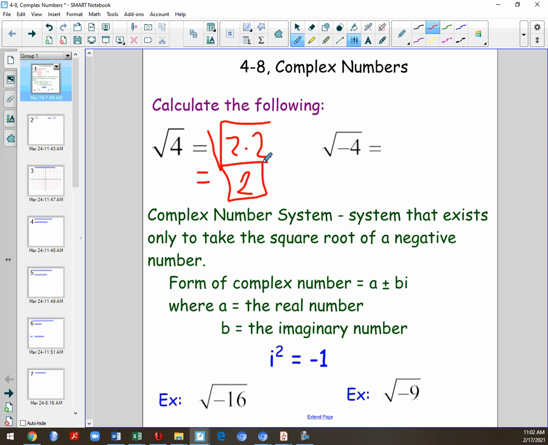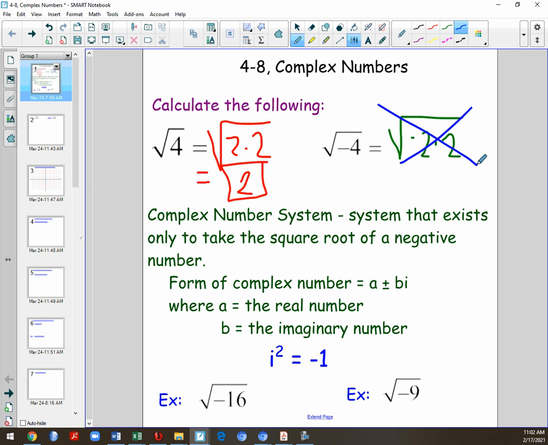That is the answer. However, if I'm taking the square root of -4, the way to obtain a negative outcome is meaning my signs must be opposite, which means I'm going to have -2 times +2. Those two numbers are not the same, which means I cannot calculate this. It is not possible.